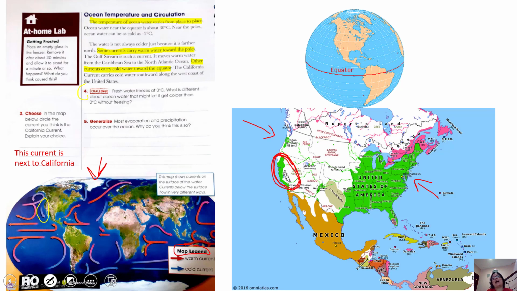Number 5, guys, also you have to do it. Number 4 you have to do. It says most evaporation and precipitation occur over the ocean. Why do you think this is so? You already know what evaporation is and you already know what precipitation is. Why do you think evaporation and precipitation happen more over the ocean?